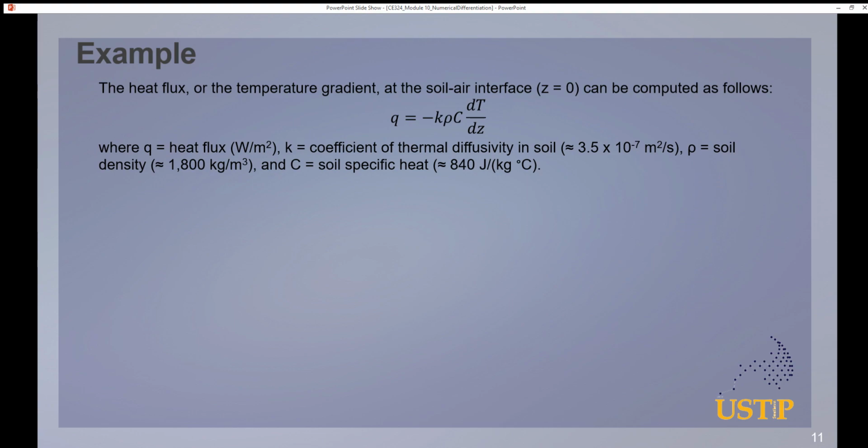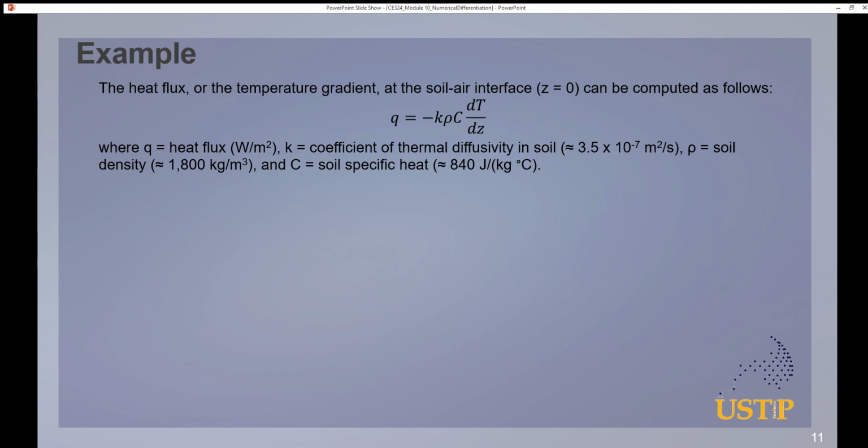The heat flux or the temperature gradient at the soil-air interface, z equal to 0, can be computed as follows. Q is equal to negative K rho C times the differential of temperature over depth, dT/dz. Heat flux, temperature gradient. Where Q is the heat flux, with unit watts per square meter.